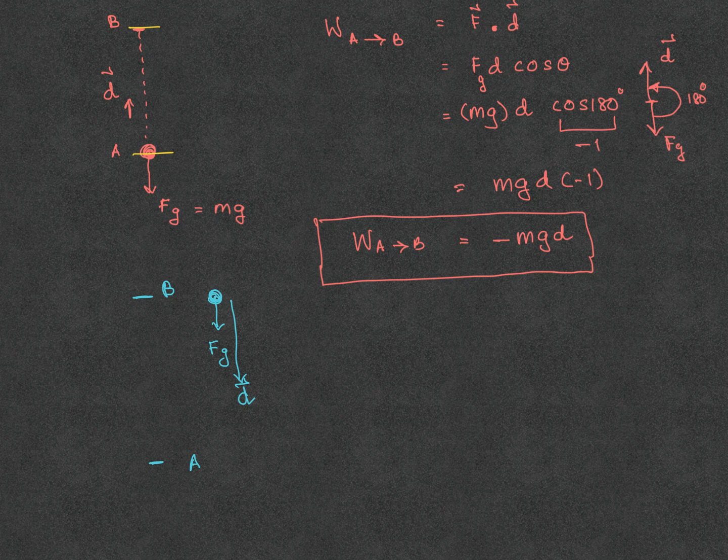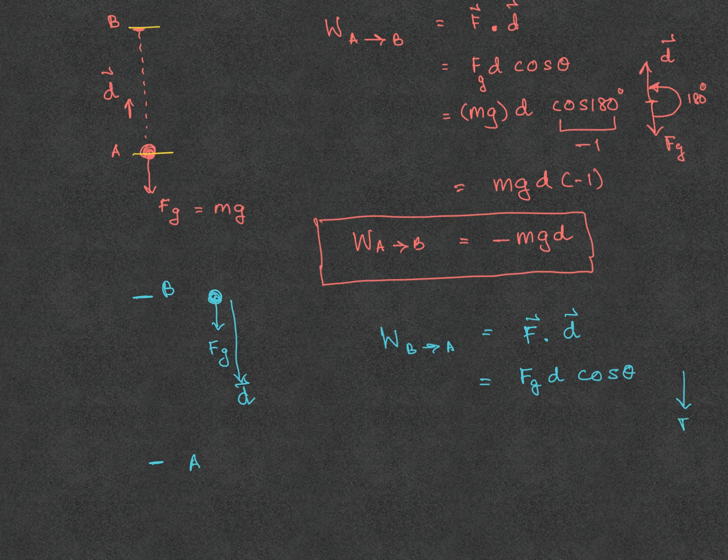So if you write down the work equation going from B to A, now you have Fg, or F dotted with d, the same equation as before, and then you have Fg d cosine theta.